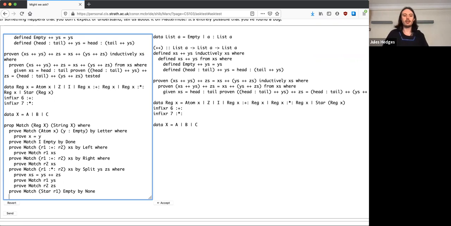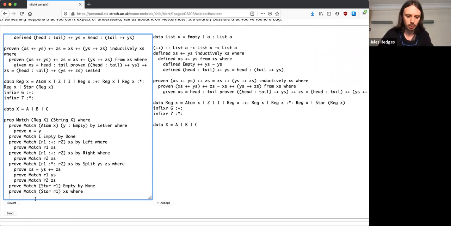And then we need another rule. There's more than one way to do this, but I'm going to say prove star R1 matches X's, by sum. And then as a sub-goal, I need to prove that R1 times star R1 matches X's.